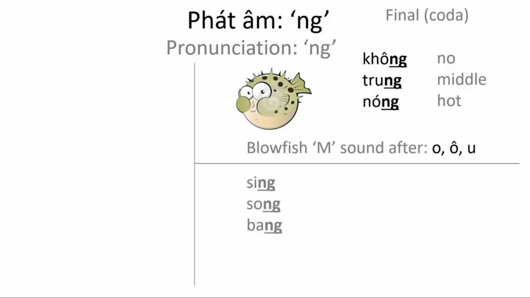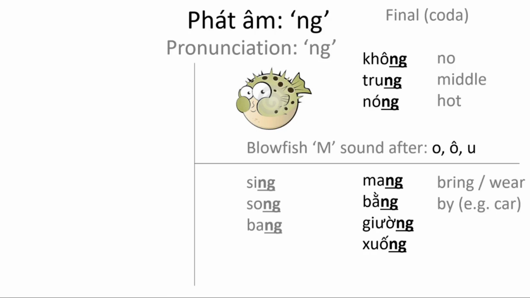Now, these are English words, sing, song, bang. Vietnamese words like mang, bàng, dương, sung, which mean bring or wear, buy, like buy car, bed and down. These are all pronounced the same as English.